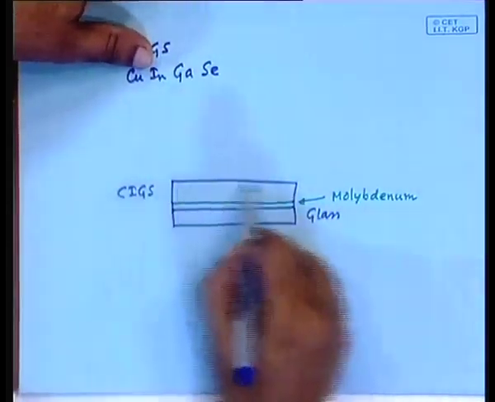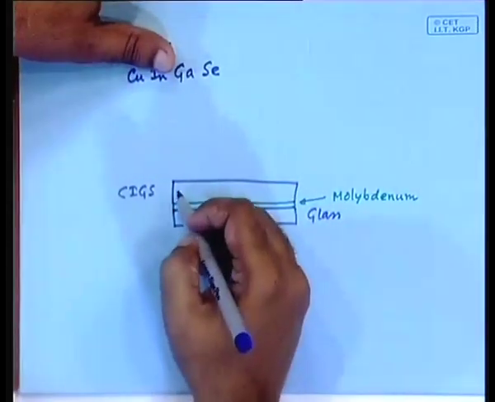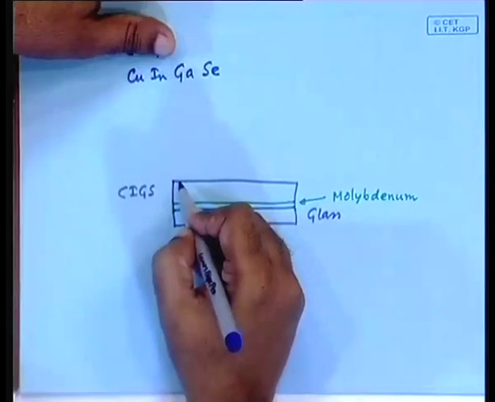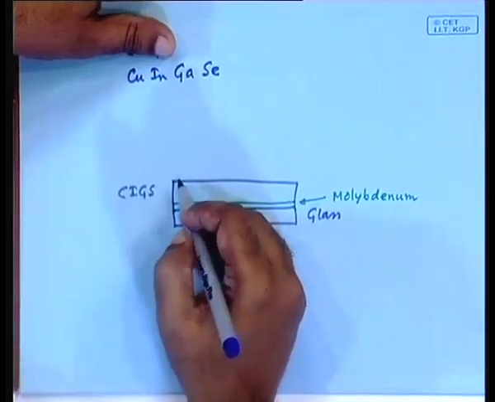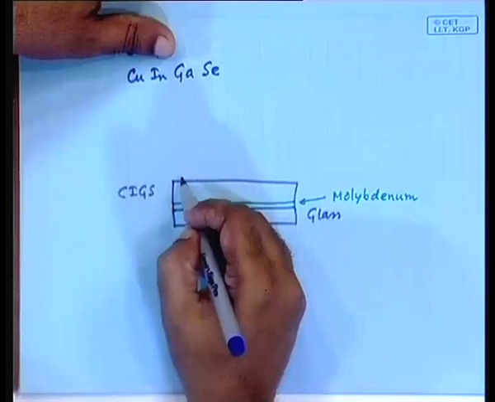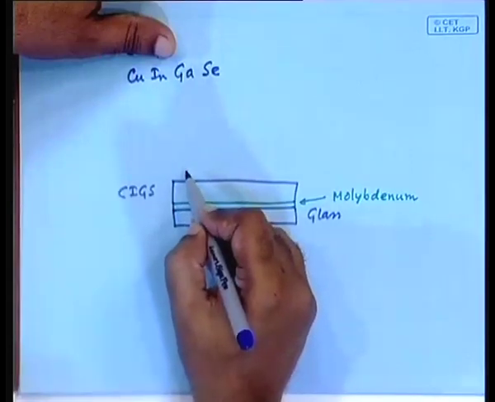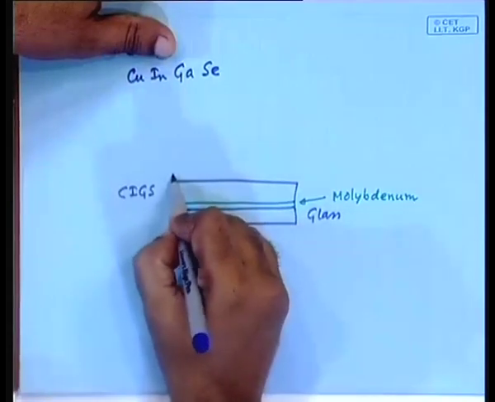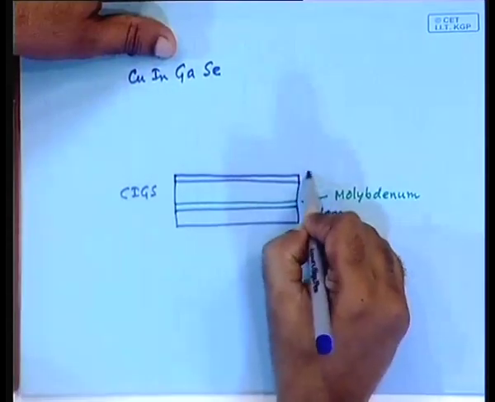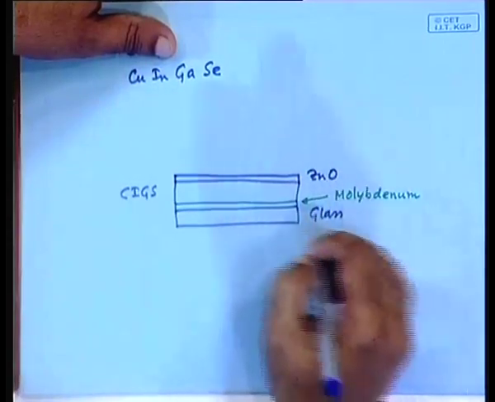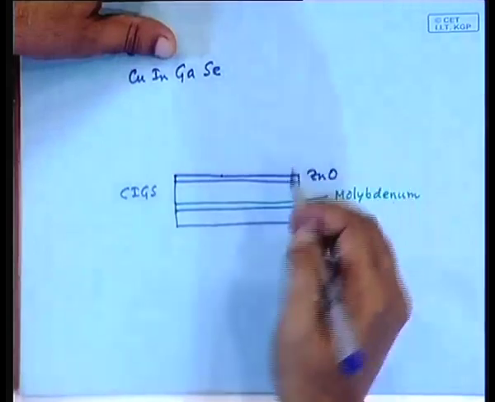First understand that this is CIGS, and then on top of that you have a ZnO layer as the top collecting surface.